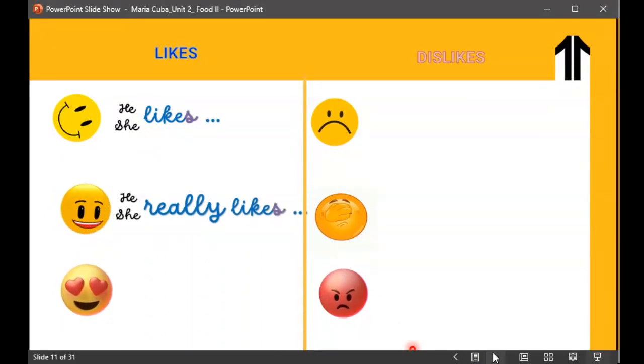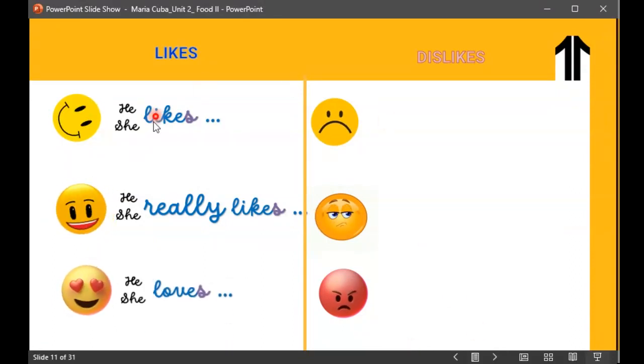He or she really likes. He or she loves. And to express dislikes, what is the opposite of he or she likes? What is the opposite? How can you express this idea in negative? Do you remember?